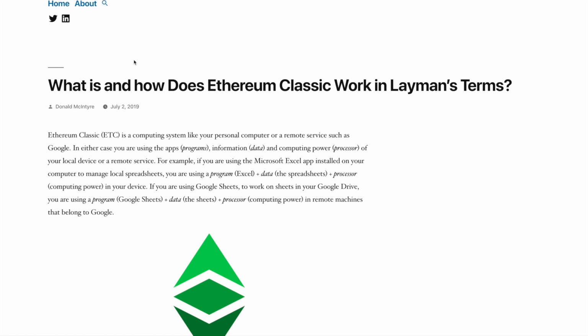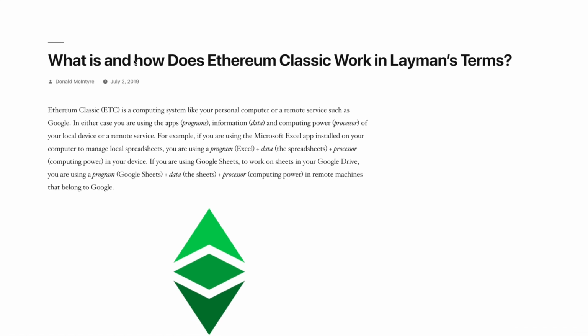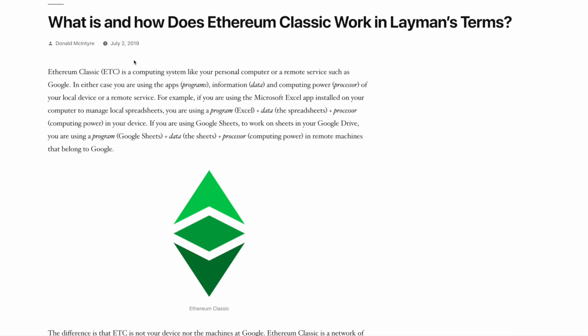So what we're looking at here is Ethereum Classic in layman's terms. I'm just going to read to you to give you a brief overview of what exactly this is. Ethereum Classic is a computing system like your PC or a remote service such as Google. In either case, you are using the apps or programs, the information and computing power of your local device or remote service.